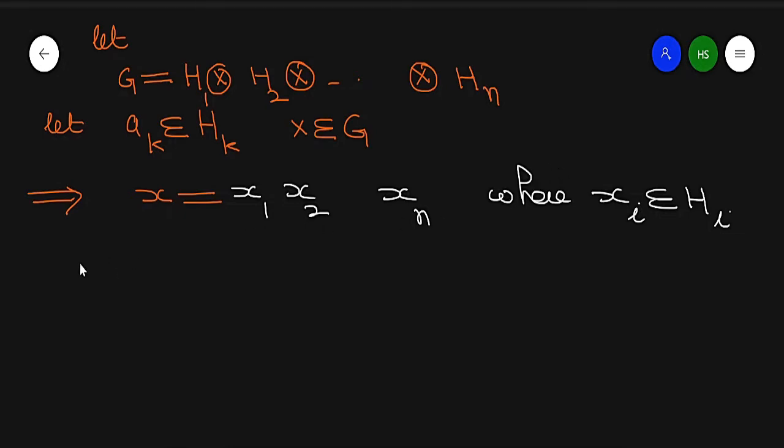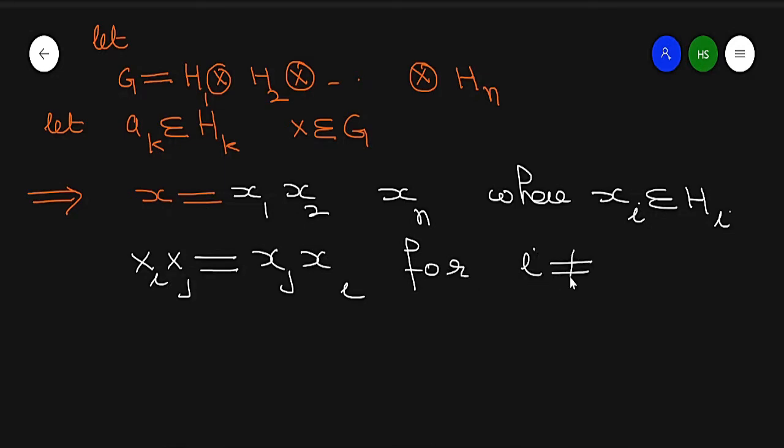Now the second part is that xi and xj commute to each other, xi xj equals xj xi for i not equal to j. This is by definition of the internal direct product: if they are not equal, then they satisfy this condition.